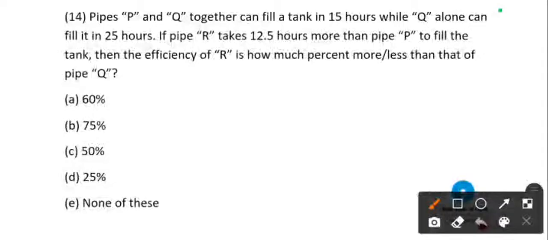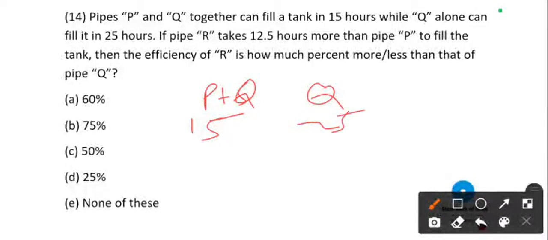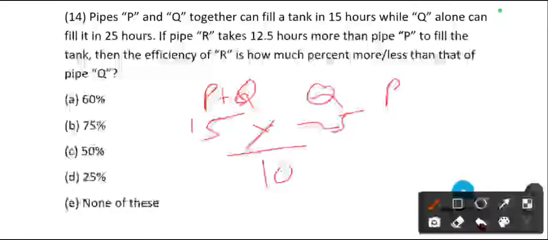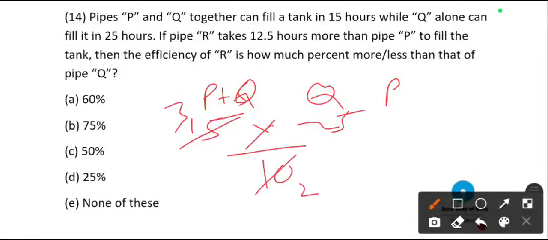P, Q together fill in 15. P and Q together in 15, Q alone in 25. So we can find the P value, which will be 75 by 2.